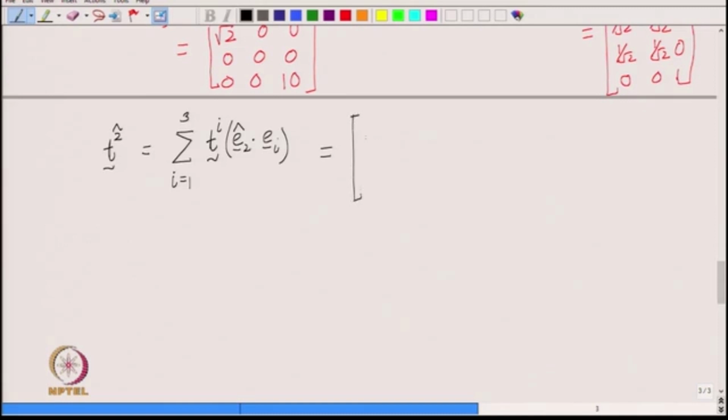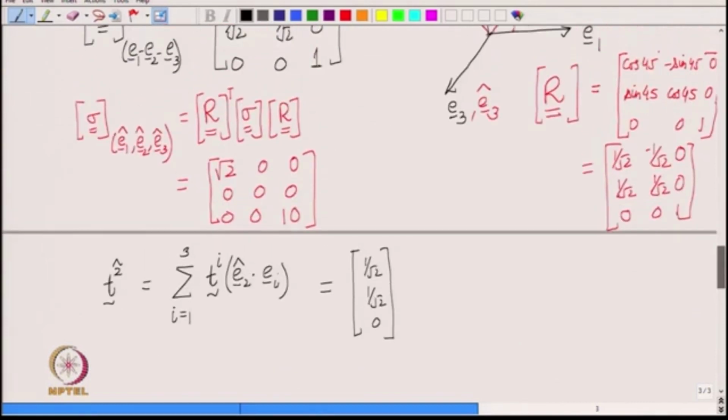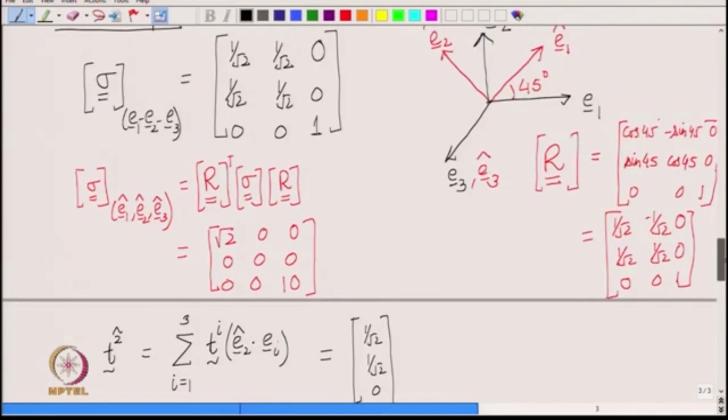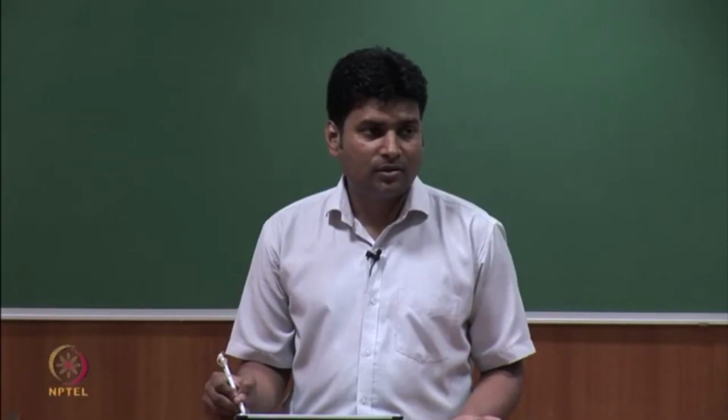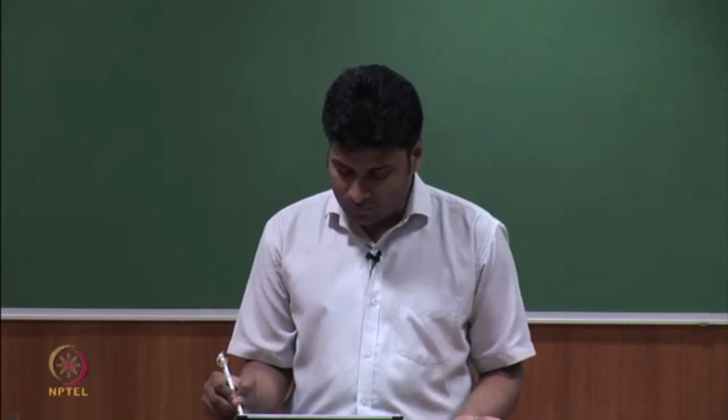So, this is T 1, into E 2 hat dot E 1. And what is E 2 hat dot E 1? From R matrix, E 2 hat means I have to look at the second column of R matrix and the first entry. So, that is E 2 hat dot E 1, which is minus 1 by root 2.